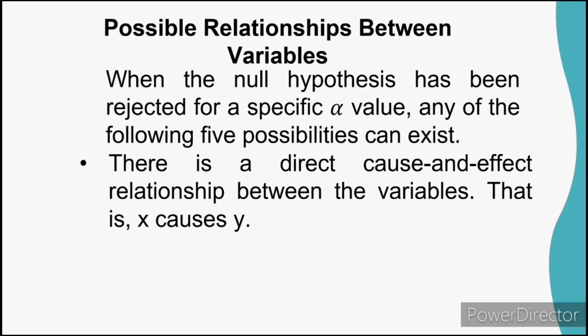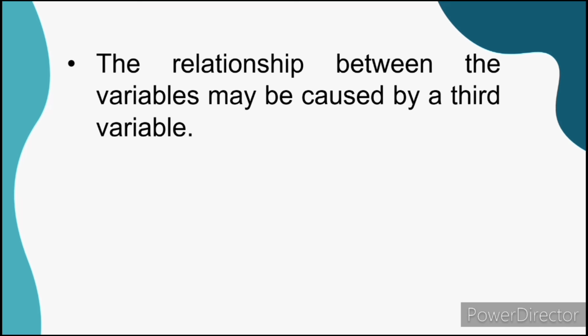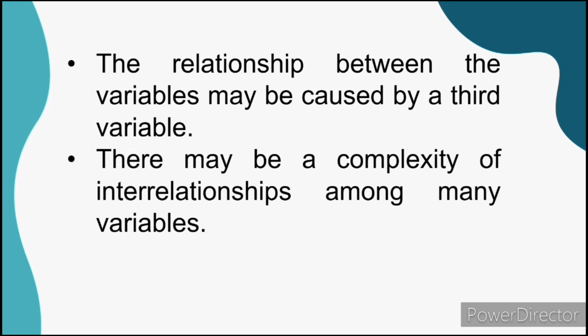First, there is a direct cause and effect relationship between the variables, that is, x causes y. Second, there is a reverse cause and effect relationship between the variables, that is, y causes x. Third, the relationship between the variables may be caused by a third variable. Fourth, there may be a complexity of interrelationship among many variables.